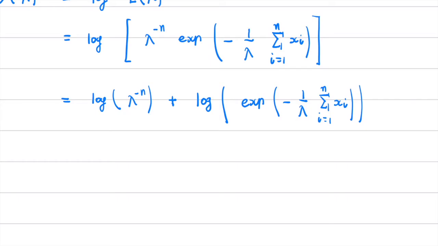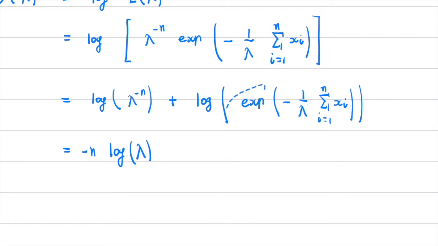And now we're going to use a bit more of our knowledge of the logarithmic laws. When we have a power, remember we can bring that power down the front of our logarithm, so that becomes negative n log lambda. Now, here we're taking log exponential.